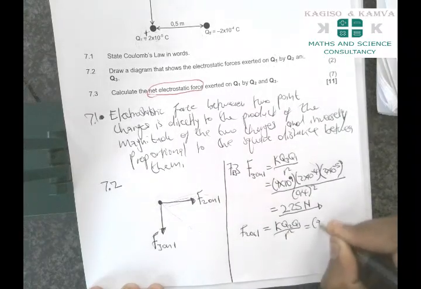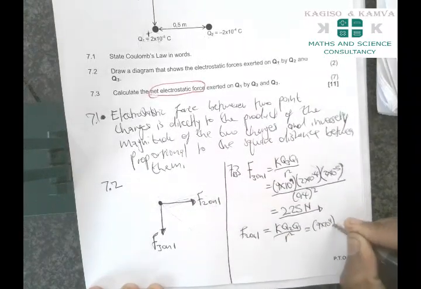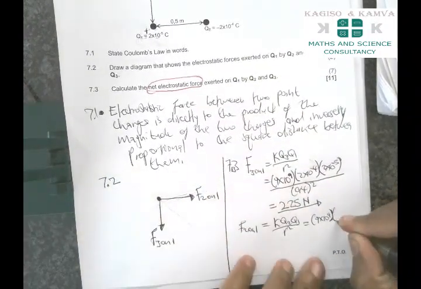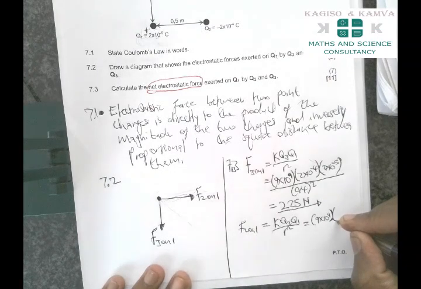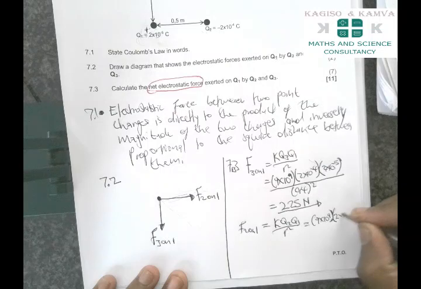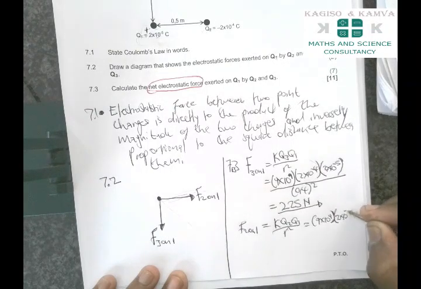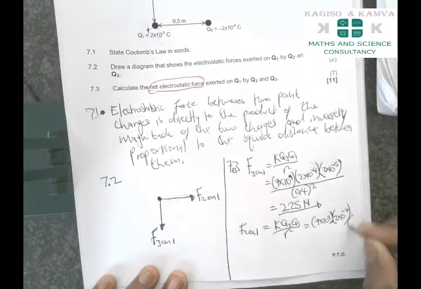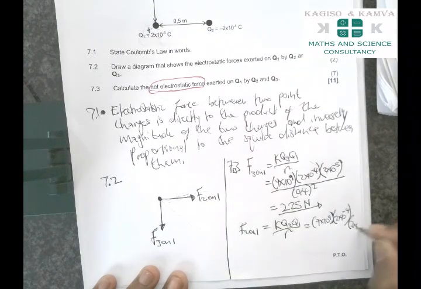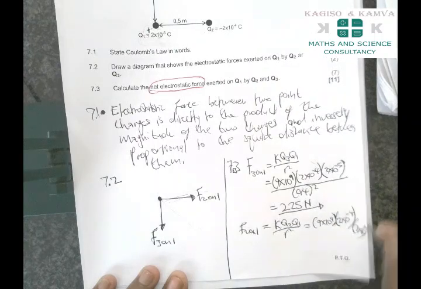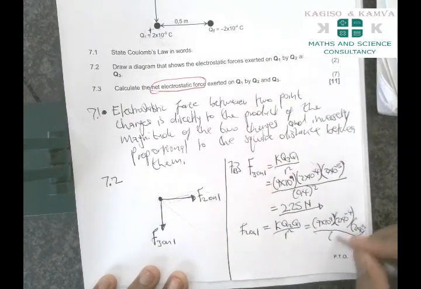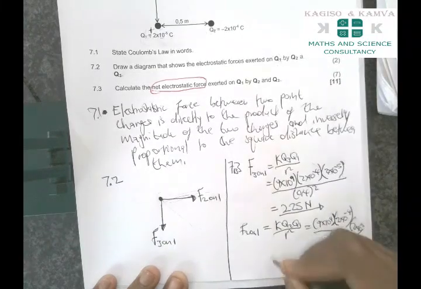This is 9 times 10 to the power 9, into Q2, which is negative 2 times 10 to the power -4, into Q1, 2 times 10 to the power -5, all over 0.5 squared.